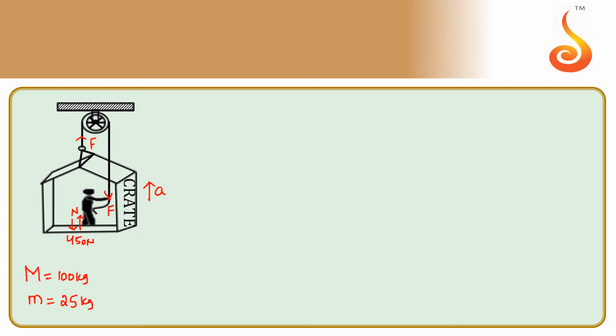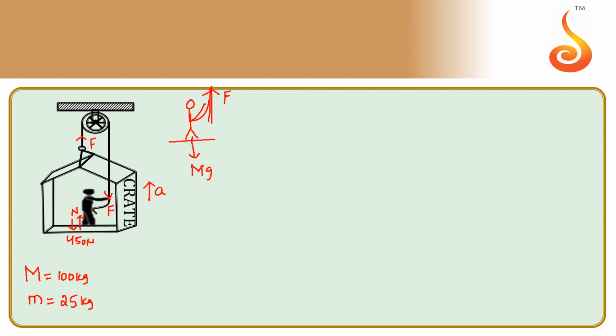So for the man, if we draw the free body diagram, since he is applying F force on the rope downward, the rope will apply F force on him in the upward direction. Second, his own weight will act downward, and he is applying 450 newtons on the floor.